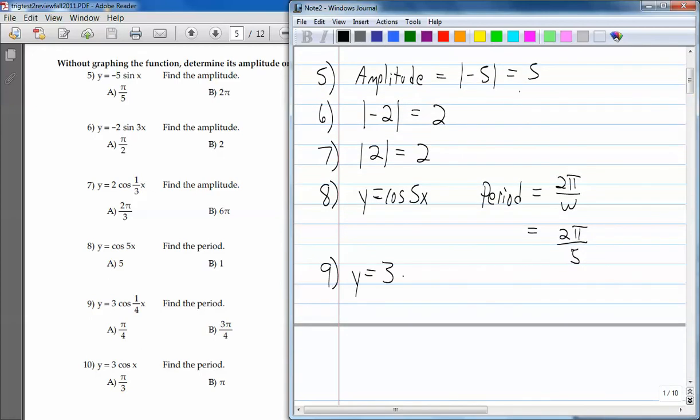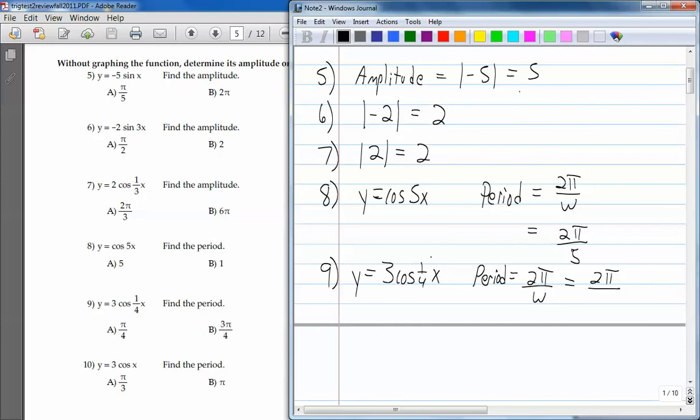Number 9, find the period of y equals 3 cosine 1/4 x. So the period for sine, cosine, secant, and cosecant is 2 pi divided by omega. So it's going to be 2 pi divided by whatever's in front of the x.